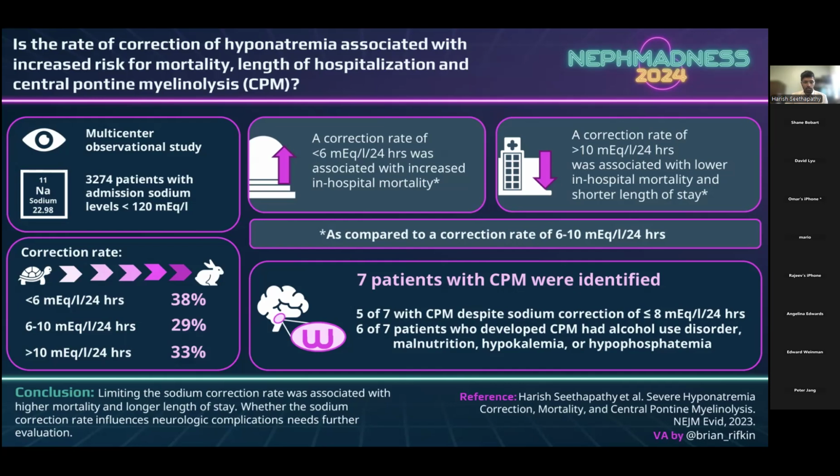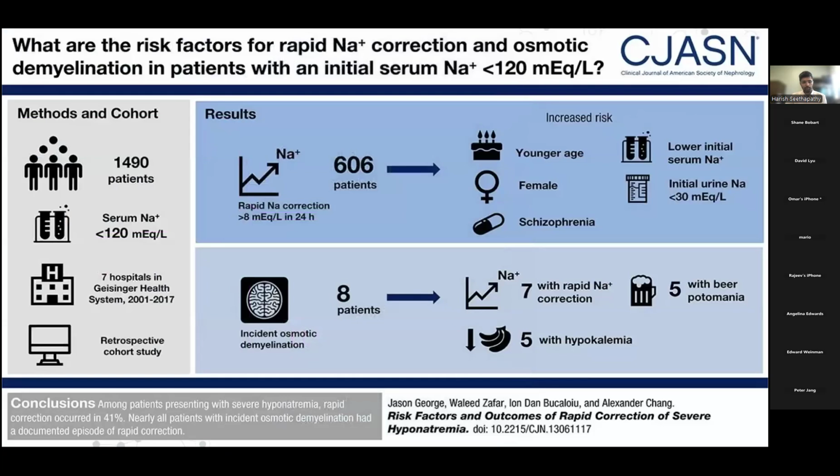So the two NEJM Evidence papers I think are quite important, but I don't want to ignore the other paper that I feel is just as important, which is a paper by George from the Geisinger system that came out a few years ago. Their intent was to study the risk factors for overcorrection and CPM, and in their 1,500 patient cohort, they had 8 patients with CPM, out of whom 7 corrected fast.